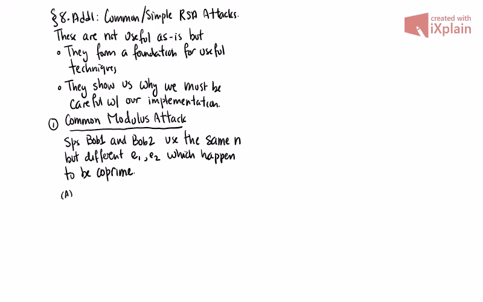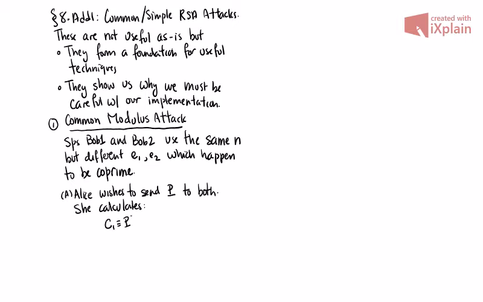So here's the situation. Suppose Alice wishes to send the same thing to both. So she wishes to send P to both. So she does the obvious. She calculates 2 things. C1 is going to go to Bob 1.